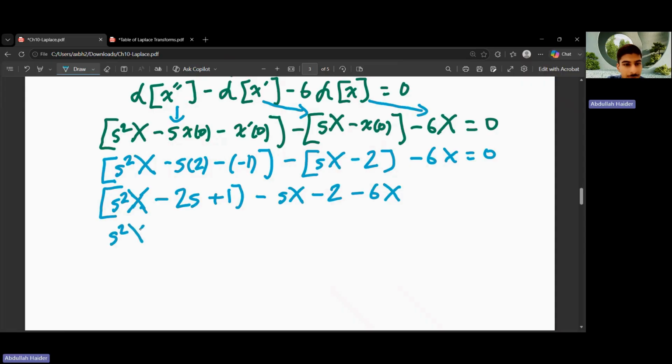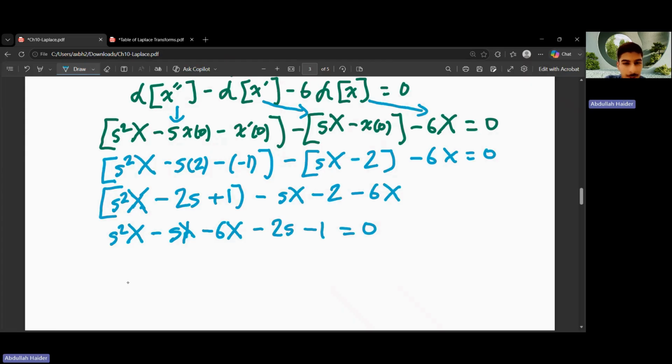s squared big X. Now take all the big X's to the left side: s squared big X minus s big X minus 6 big X, and leave everything else to the right side. So minus 2s, and 1 minus 2 means minus 1, is equal to 0.